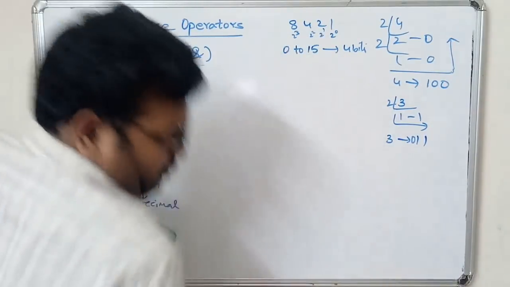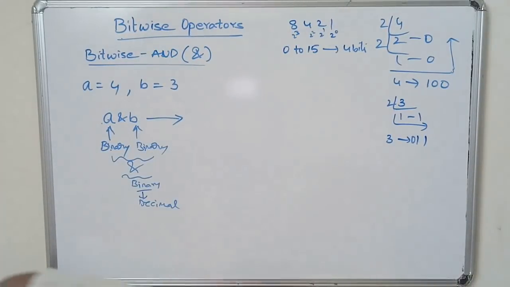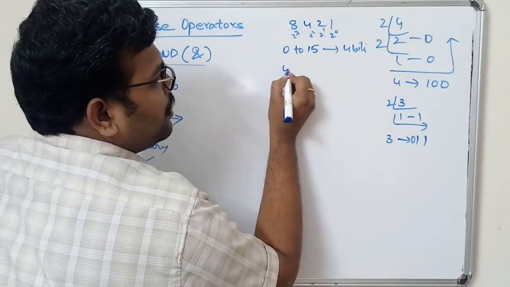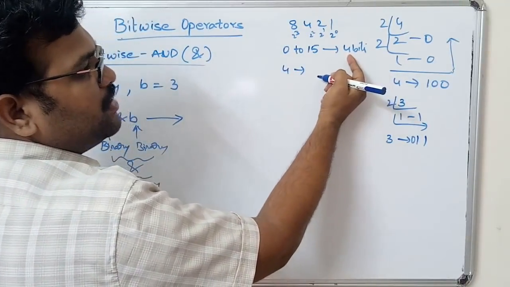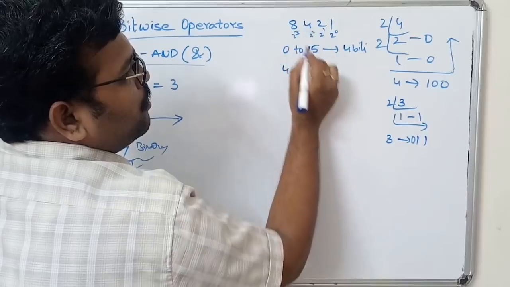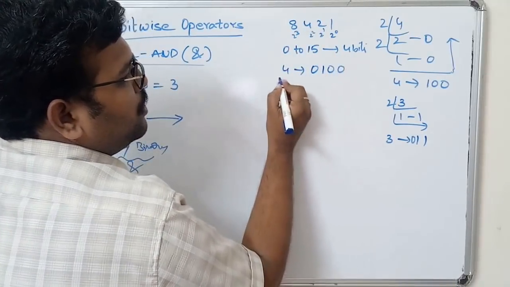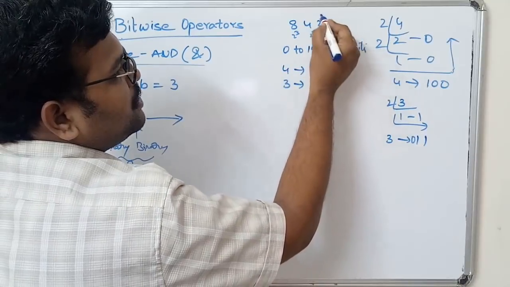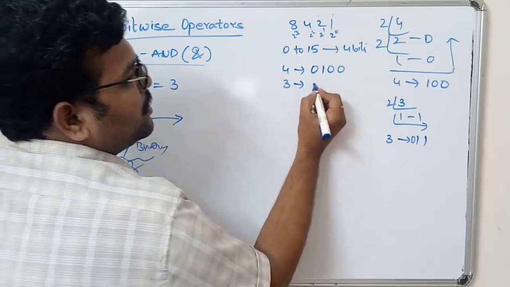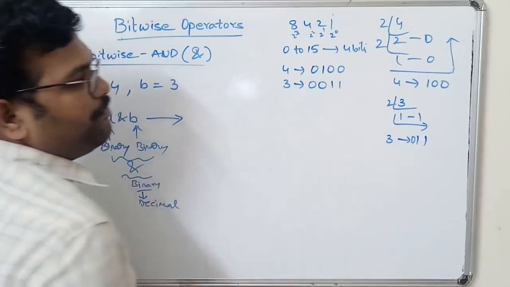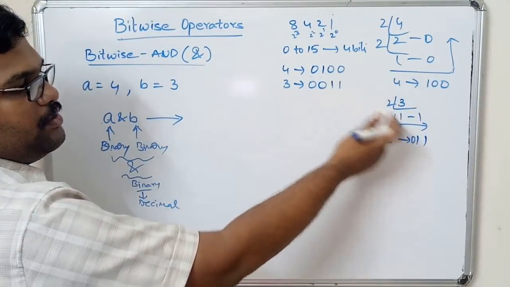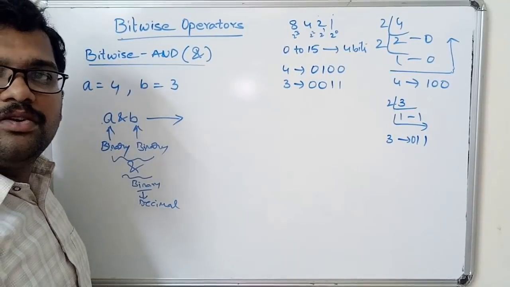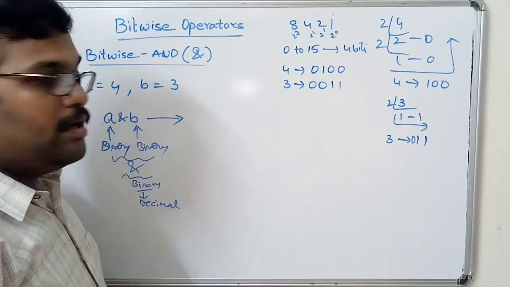So here 4 can be represented in 4 bits as 0, 1, double 0, and 3 can be represented as 0, 0, double 1, since 3 means this bit and this bit must be added. So same: 0100, 0011. We can represent in 4 bits or 8 bits.